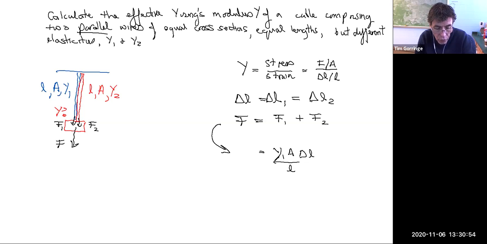That force is equivalent to the Young's modulus multiplied by the cross-sectional area, multiplied by the elongation divided by the length of that cable. If I substitute for the second force on the right-hand cable in terms of the Young's modulus, the area and length and elongation of the cable, I get the following.